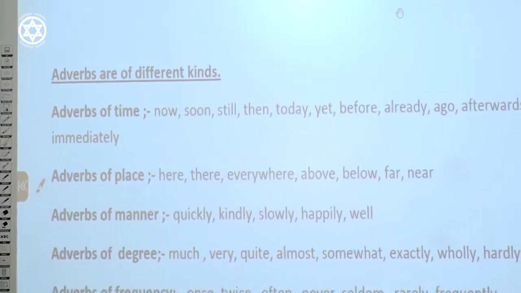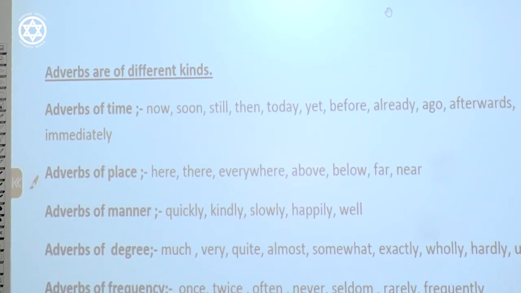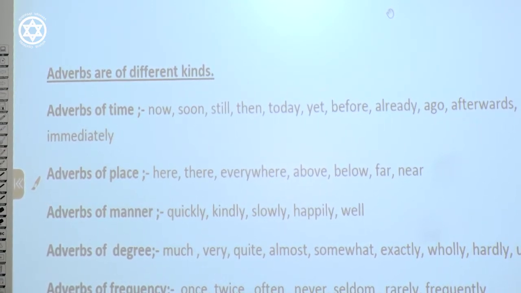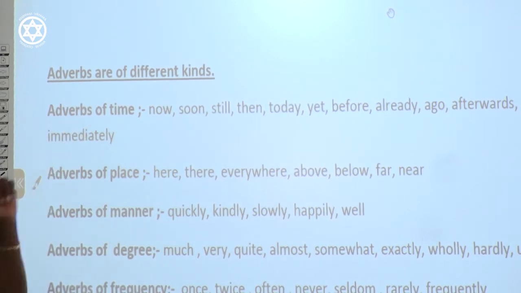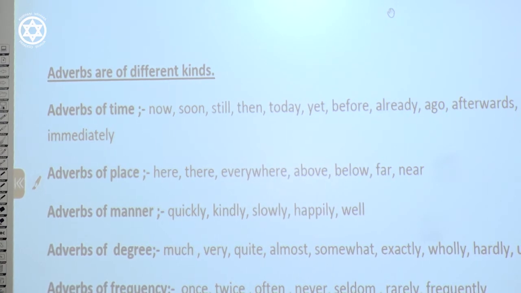Why do we call them adverbs of time? Because they tell us when the action happens. You know, adverbs describe the action. So when we use adverbs of time, they tell us when the action happens.